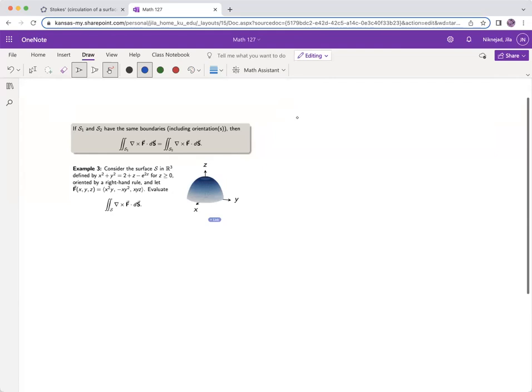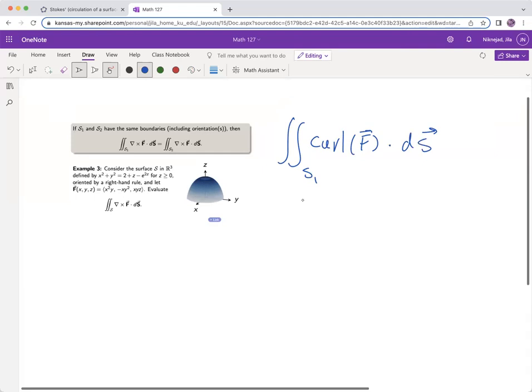If I'm computing the surface integral of the curl of F on a surface, let's say S1, and S1 has the same boundary as another surface S2, and they're both oriented the same, then I can say that the surface integral on S2 of curl of F dot dS is the same as the first surface integral.